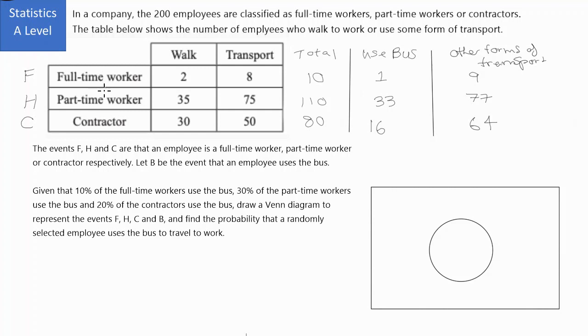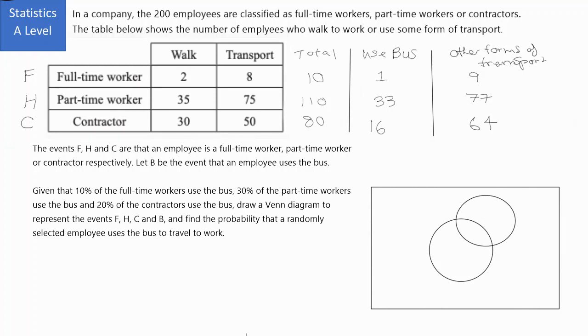And when we have that, it's called mutually exclusive. How that looks on a Venn diagram is 2 circles that don't cross each other. So I'm going to add another circle now that's going to be full-time workers. So that's bus, and let's put full-time worker. Now this one will cross over because you can be a full-time worker and get the bus.